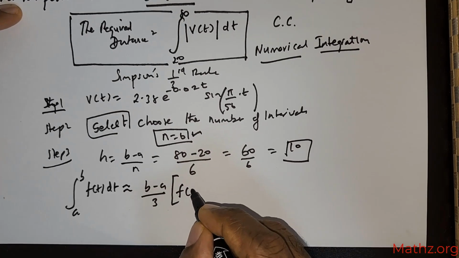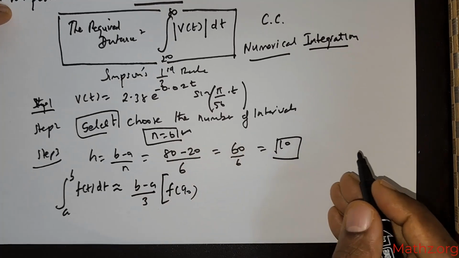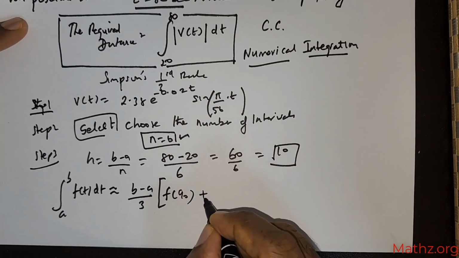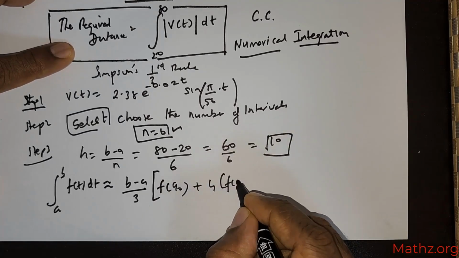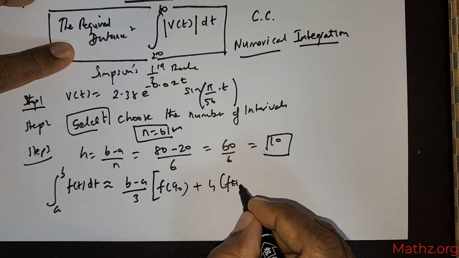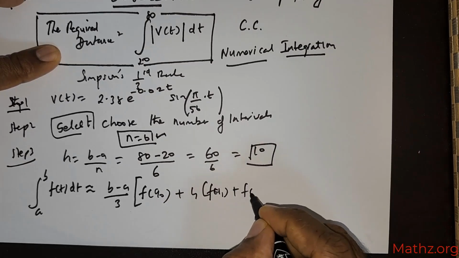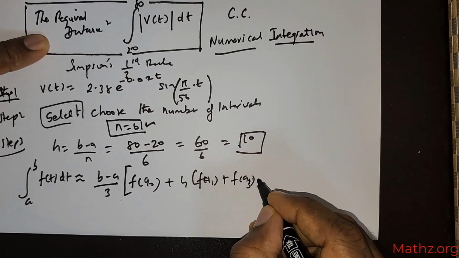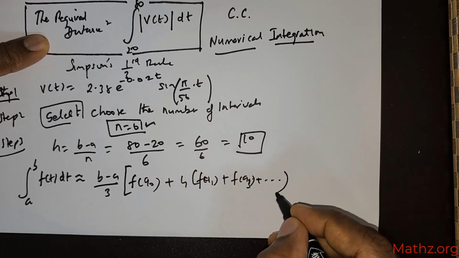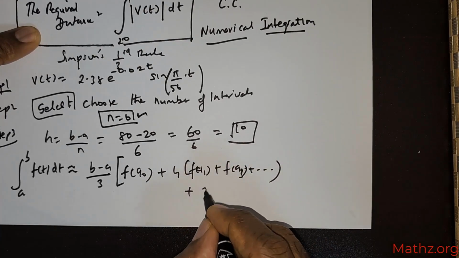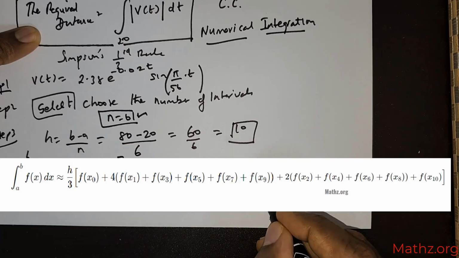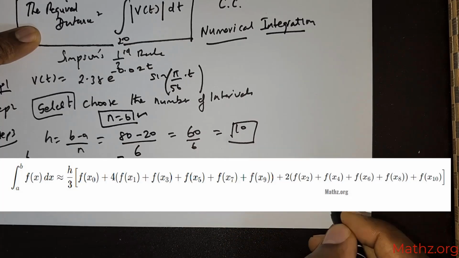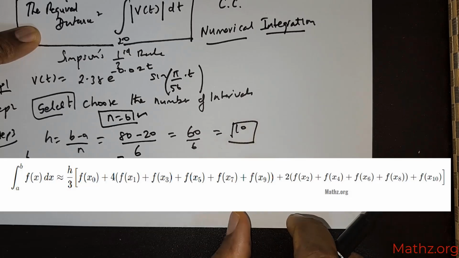That would be represented as f of a0, followed by 4 times the odd values. So that will be f of a1 plus f of a3 plus etc. Only odd values here, plus 2 times the even entries. That would be featured over here.